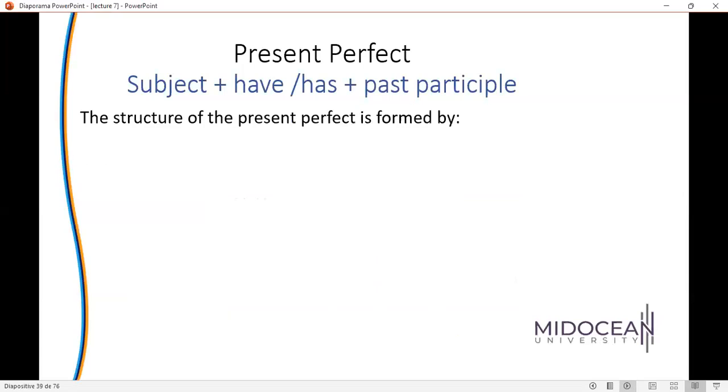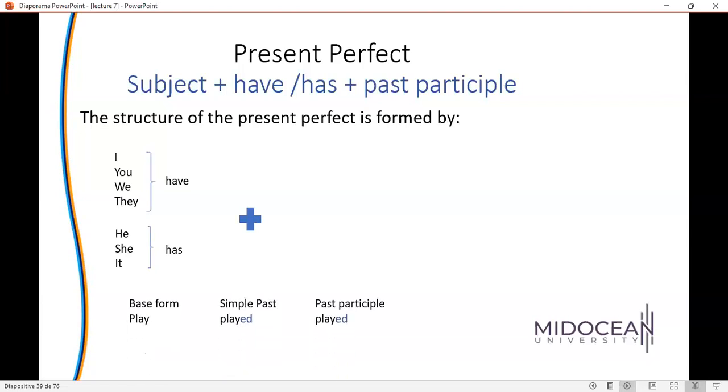So the structure of the present perfect, as I said, is formed by the subject pronouns I, you, we, they, plus have; he, she, it, plus has; plus the past participle of the verb.